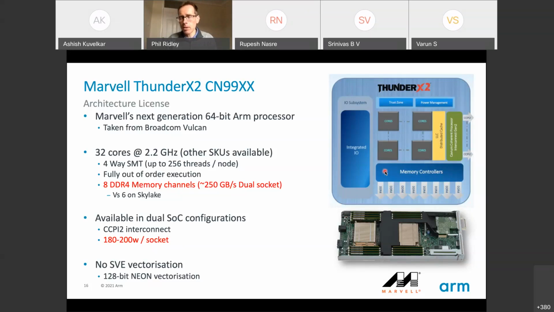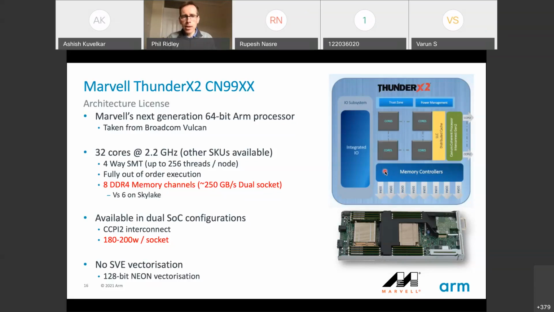One point to note is that they're using ARMv8, I think it's 8.1, with NEON vectors. So we have 128-bit wide vector registers with this CPU. So that's probably one of the disadvantages with this processor, that it doesn't have the wide vectors. But if your HPC workload is doing a lot of memory bandwidth bound calculations, then this is a very good fit.